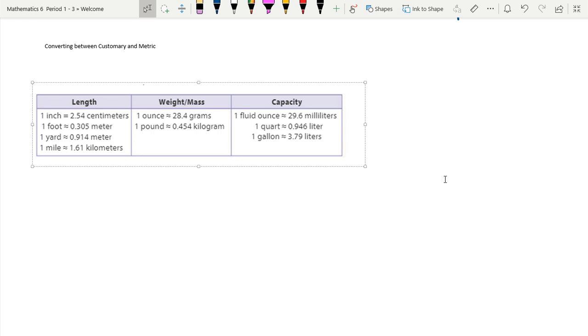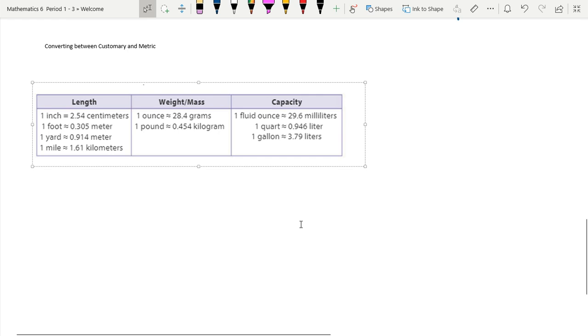So here, 1 inch is 2.54 centimeters. 1 foot is about, that's what the squiggly lines mean, approximately 0.305 meters. 1 mile is about 1.61 kilometers. Over in weight and mass, 1 pound is about 0.54 kilograms. And then capacity, 1 gallon is about 3.79 liters.